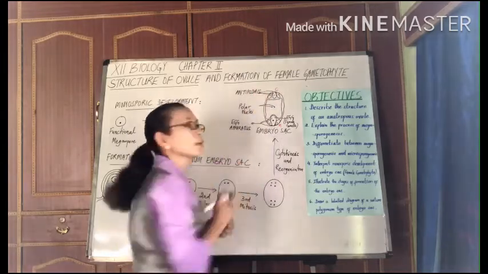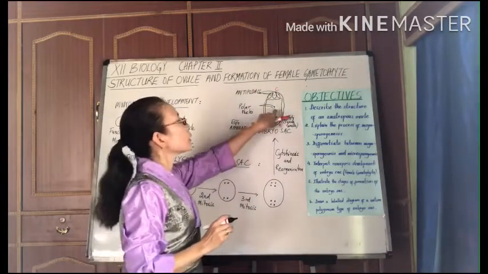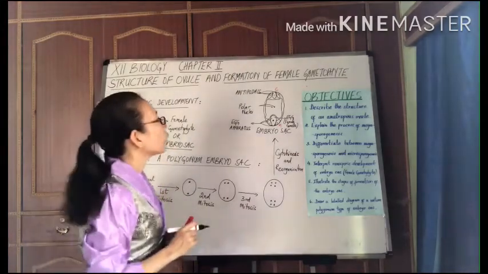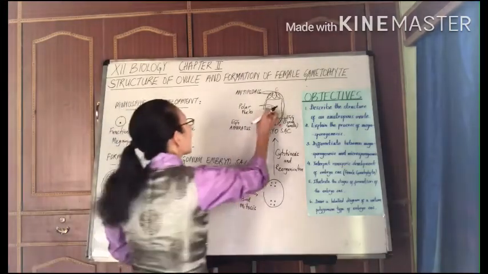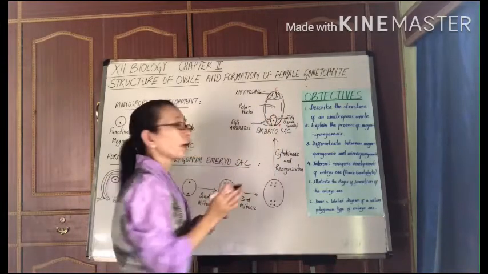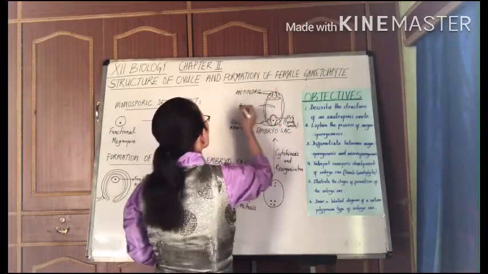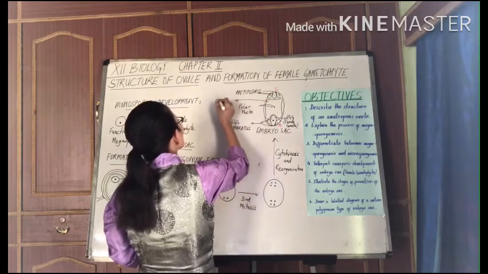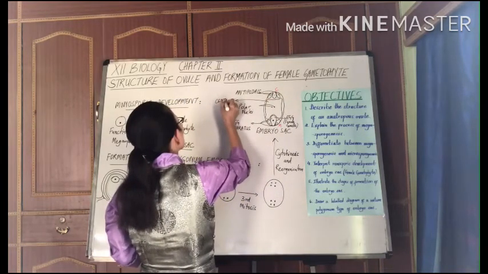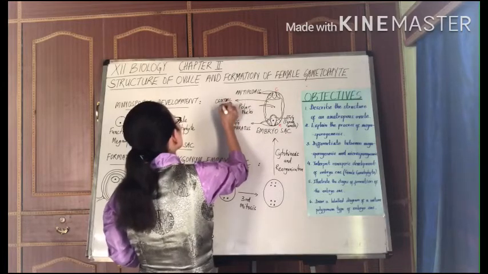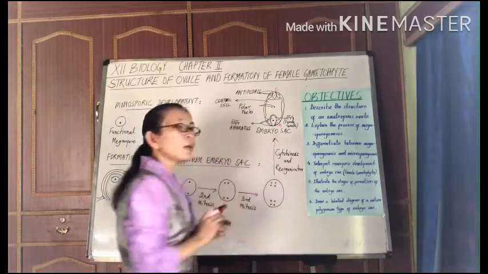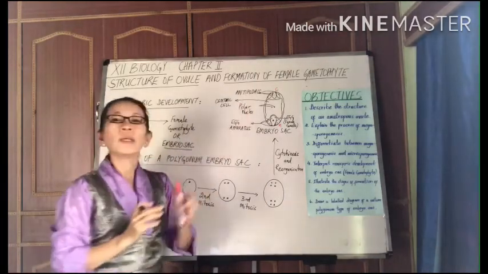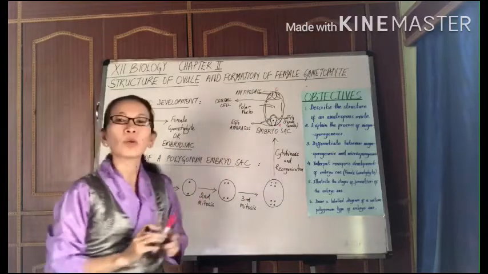Antipodals. And then the cell which is the biggest and which occupies the central part of the ovule is called the central cell of the embryo sac. So in this way, what we see here is a mature embryo sac has 7 cells and 8 nuclei, right?